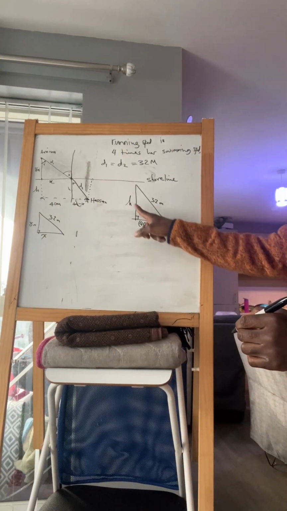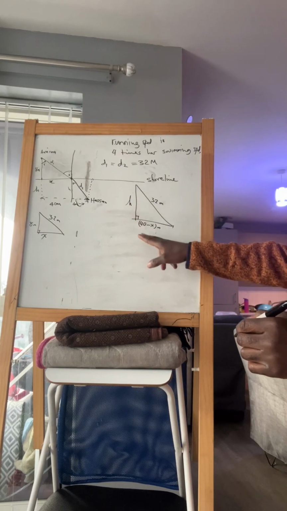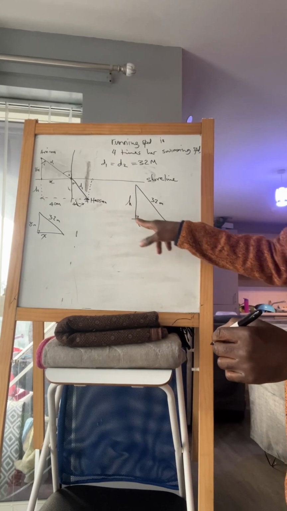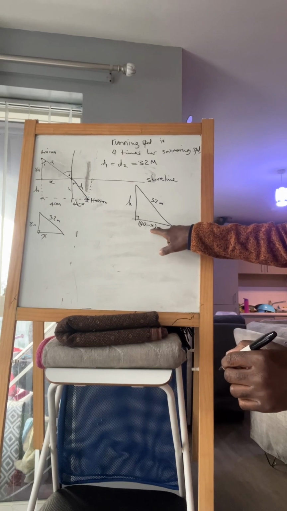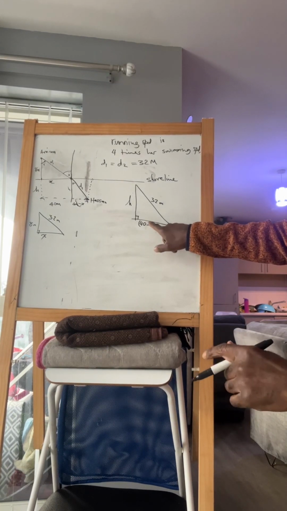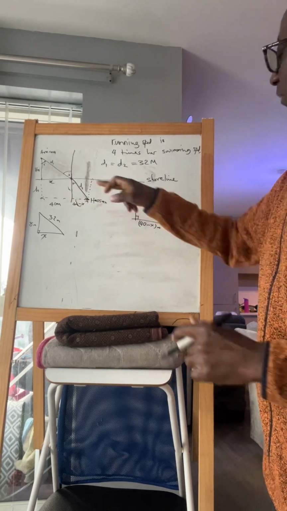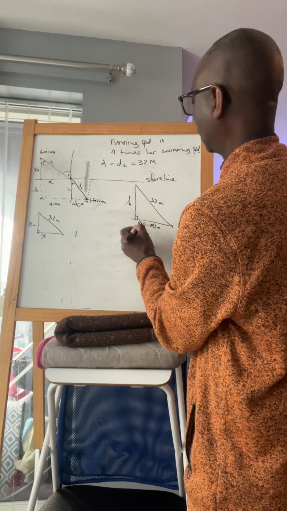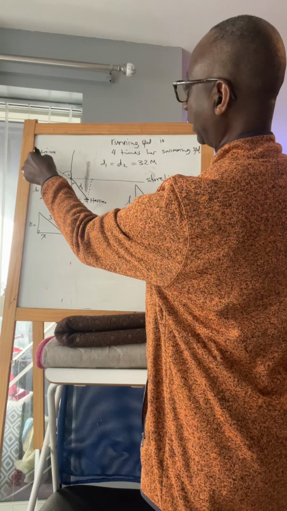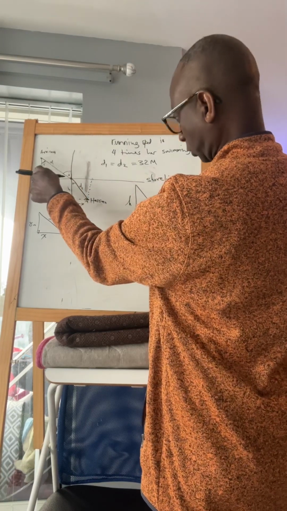Now we've got two unknowns with one equation. So it's not possible to find this distance here. So we need to know what x is. If we know what x is, we can easily calculate h. But we can get x from this triangle here. We know this, just one unknown.